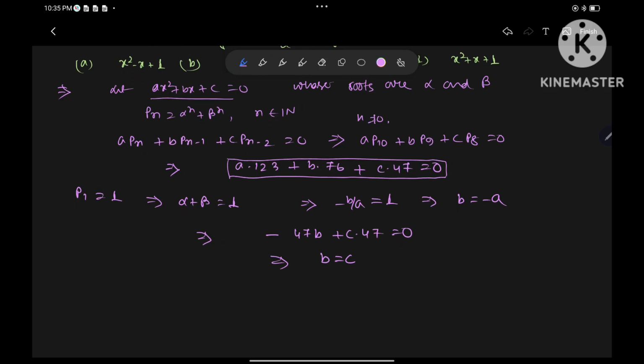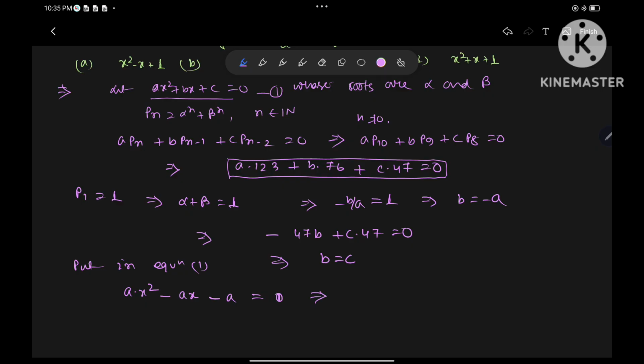So let us put here a x square, and b equals minus a means minus a x. Let this be equation number 1, and put in equation 1: a x square, b is minus a x, plus c, which equals b, that is minus a, equals 0.